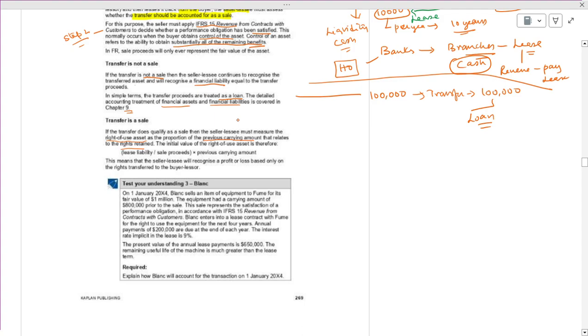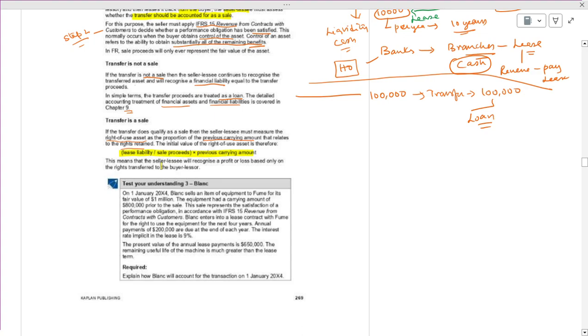The initial value of the right-of-use asset is the lease liability divided by the sale proceeds. Just one minute, underline this, we will use it.